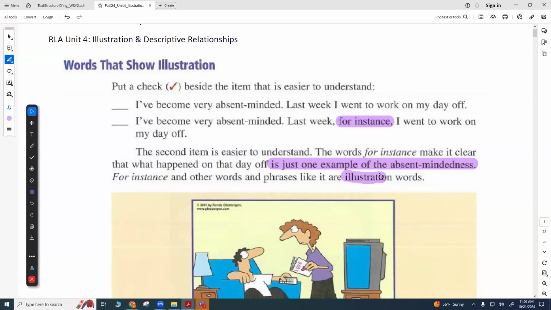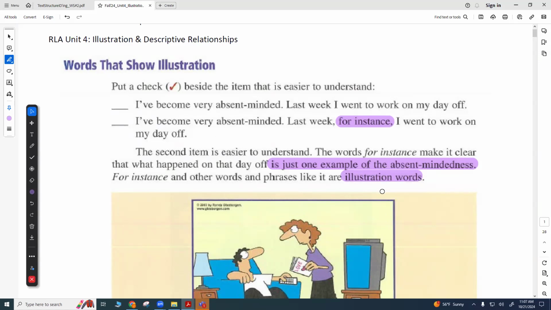And so we do this. We provide illustrations or examples because we want to offer concrete evidence of what we're saying is happening to us. Of course, as we get into especially argumentative text structures, which we're probably not going to get to till spring because that's a whole quarter's worth of stuff, evidence is what we need to show that it's true.